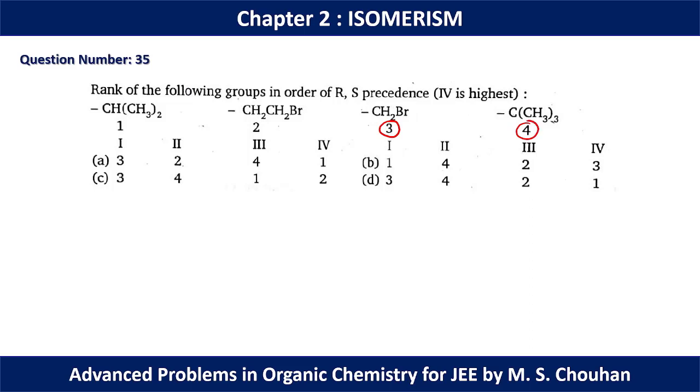Why? Because 3 carbons are directly attached to that carbon. Then 1 should be the next priority. Why? Because 2 carbons are directly attached with that carbon, and the last is the second functional group where only 1 carbon is directly attached to that carbon. So if we apply this CIP rule, we can see that the C option should be the correct option.